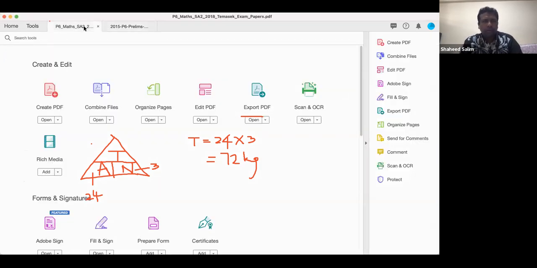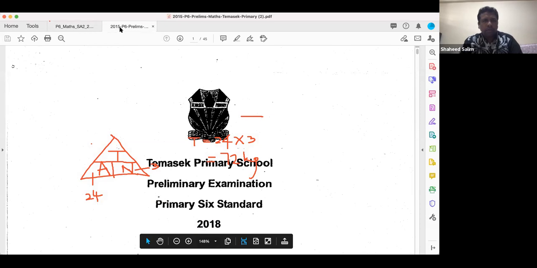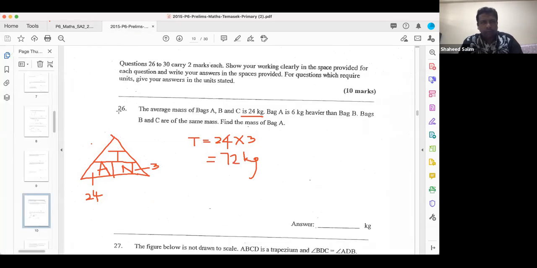Why don't you draw a model of bag A, bag B, bag C? Which one is the heaviest? You draw a model, you can see, you know how to do it. If you don't draw a model, it might be difficult.